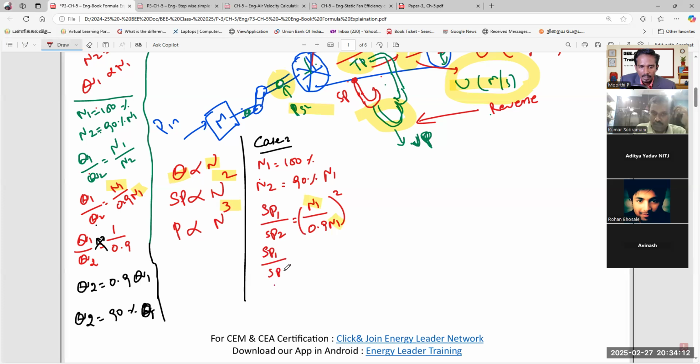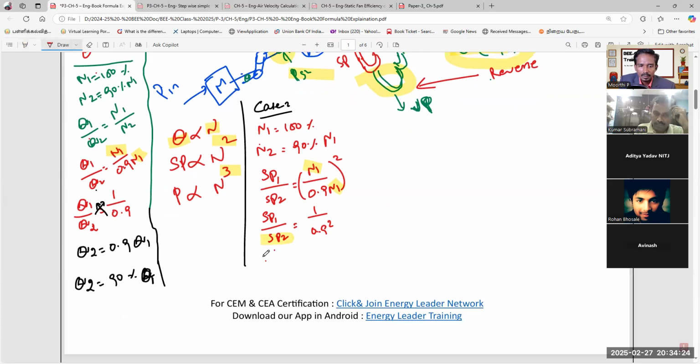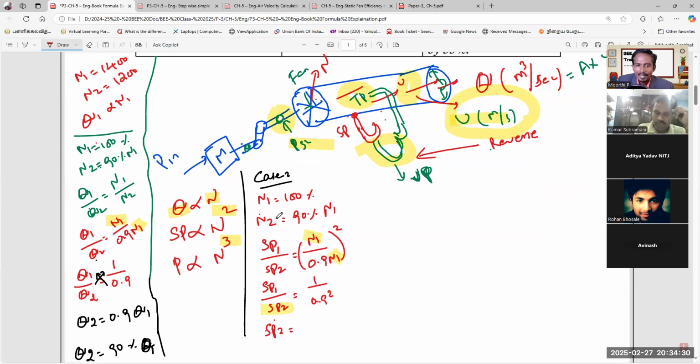SP1 divided by SP2 equal to 1 divided by 0.9 square. So we need SP2. SP2 equal to, just imagine, we have to find out N2. N2 you already know: N2 equal to 90% of N1.